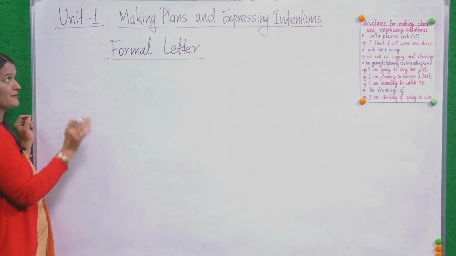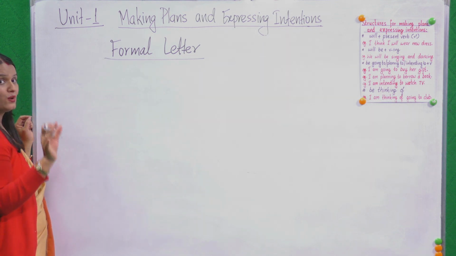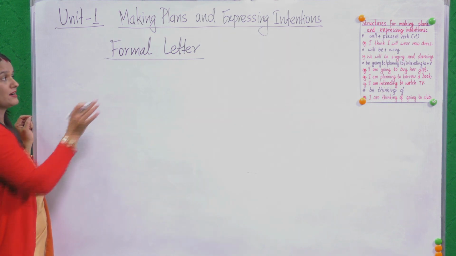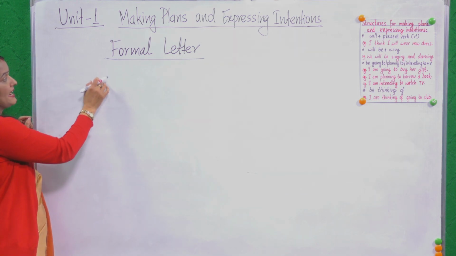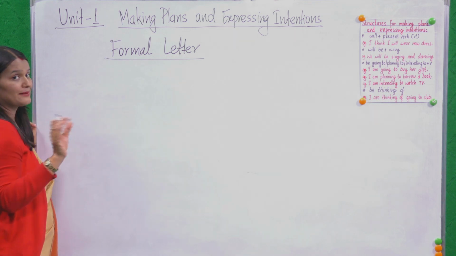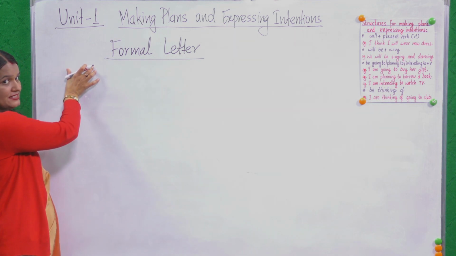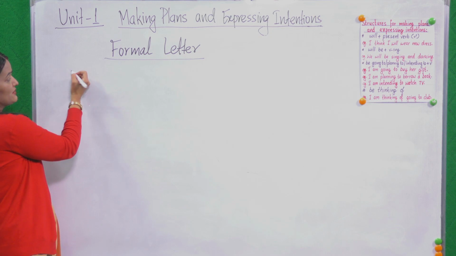But here one person is not writing. The whole class 9 is going to write the letter to your head teacher. So for that, you don't have to write the address here. You will start with the date.